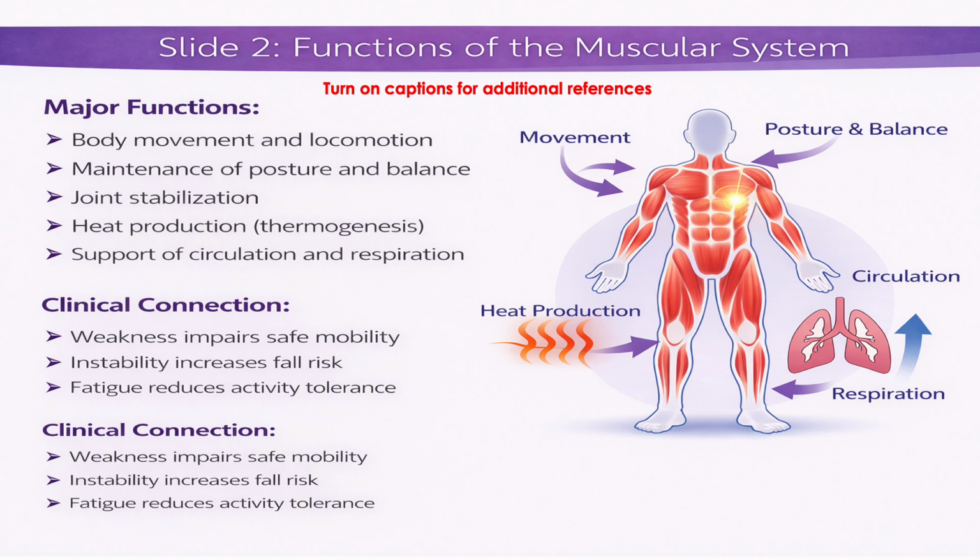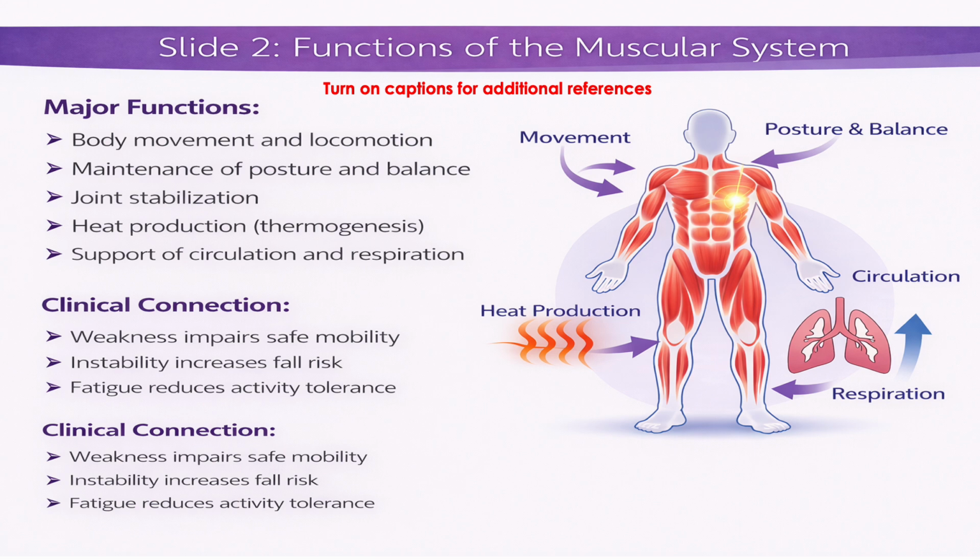During sustained activity, increased muscle metabolism helps prevent excessive heat loss. Muscles also support circulatory and respiratory function by promoting venous return from the lower extremities and by assisting with effective chest wall expansion during breathing.